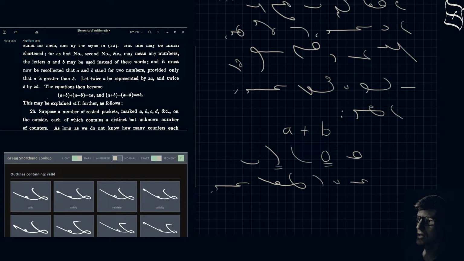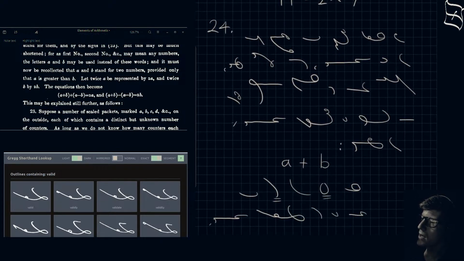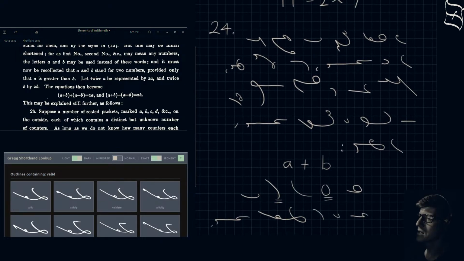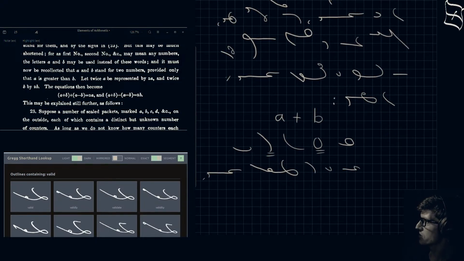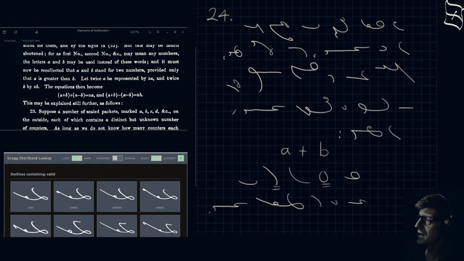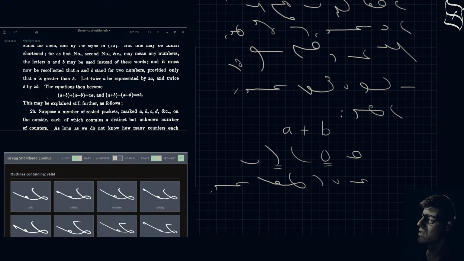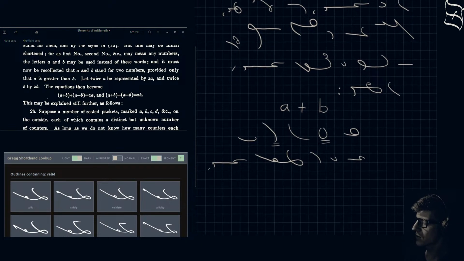The equations then read. So what I'm doing is first establishing that we are allowed to use alphabetical symbols to stand for numbers, okay? Nowadays we call those variables, but for right now we don't have to use that terminology. We just say that an alphabetical symbol stands for a valid number.